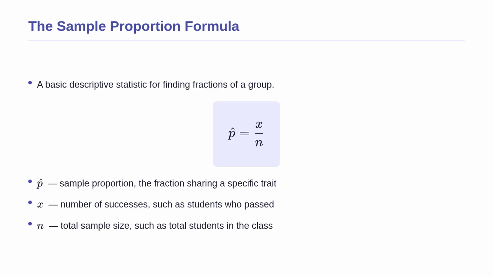The symbol n represents the total sample size, or the total number of students in the entire class. If the number of passing students, x, increases, while the total class size, n, stays the same, the overall proportion will naturally increase. This gives us a precise numerical snapshot.